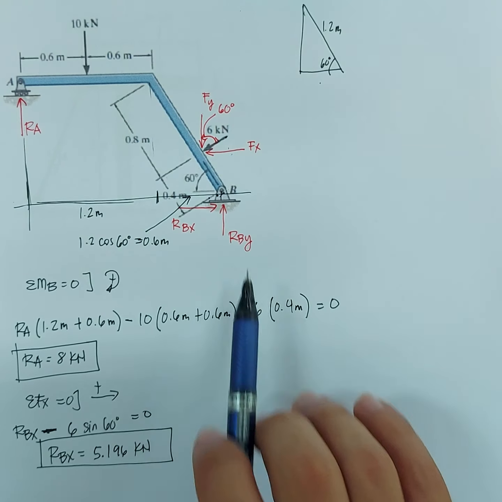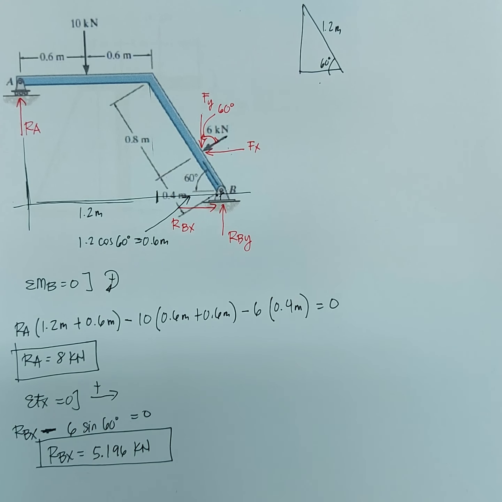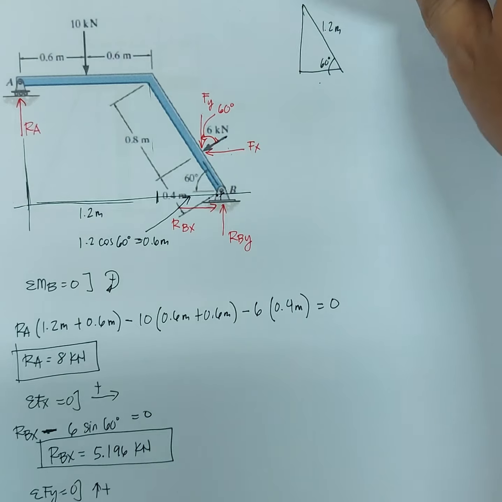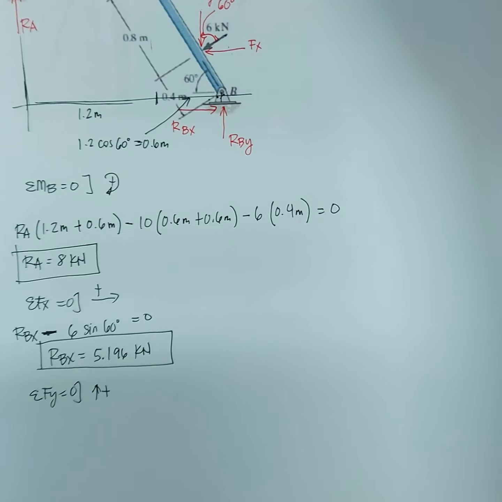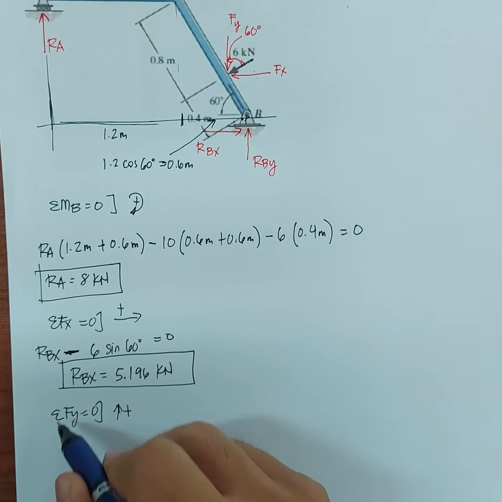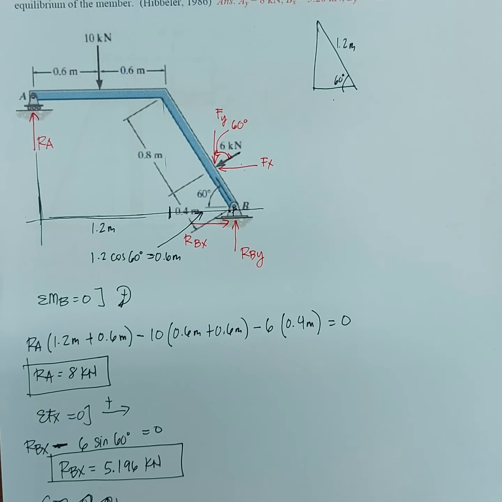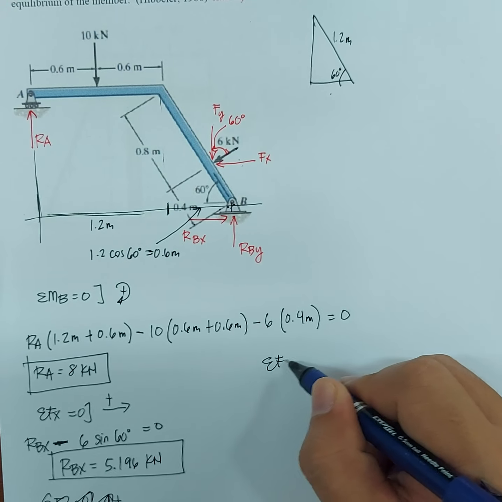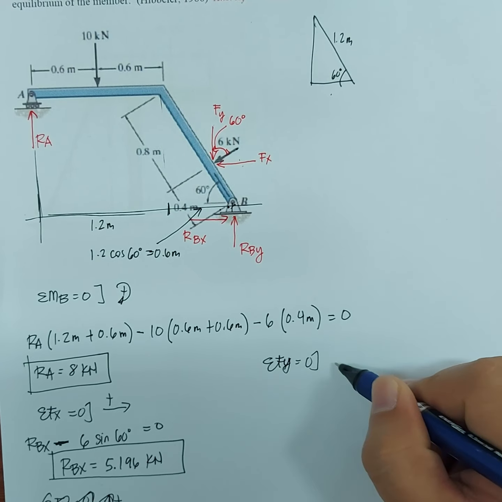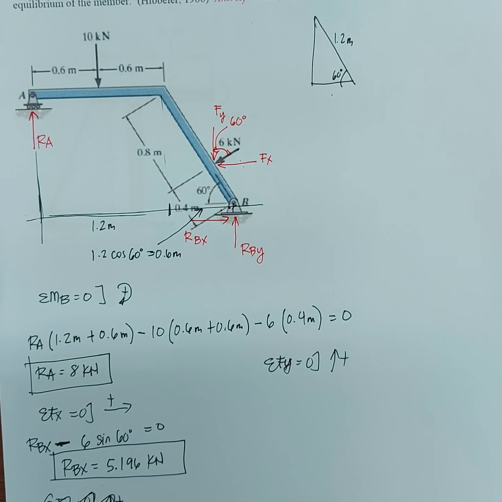Okay, and to solve for RBY, let's apply yung third condition of equilibrium. Summation of forces along the vertical axis is equal to 0. Upward forces, positive. So ano yung mga upward forces natin, lahat ng vertical forces natin?